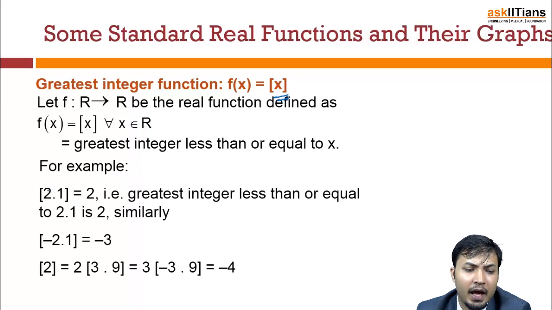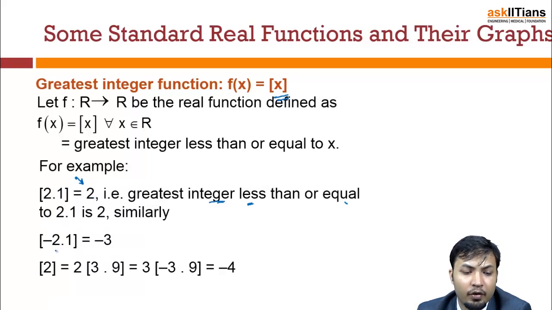Let's say I have 2.1, and I need to put it in the bracket like this. So my 2.1 becomes 2, that is the greatest integer less than or equal to it. In this case the greatest integer will be 2, which is less than 2.1, right? So this becomes my greatest integer function.